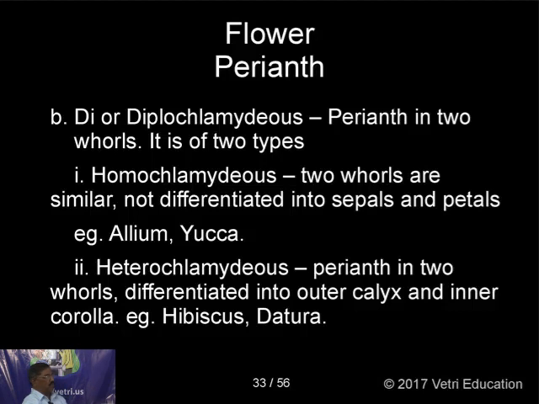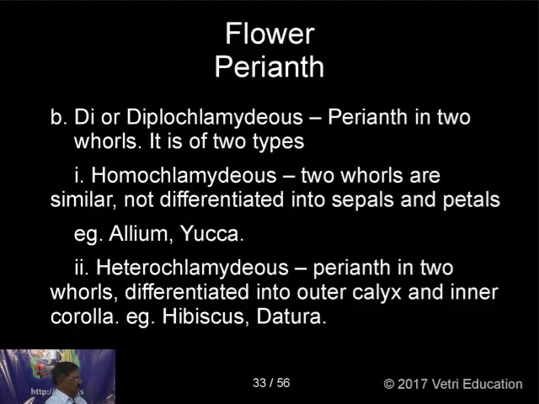Again it is of two types. One is homochlamydeous, when the two whorls are of the same size and color, and are similar, not differentiated into sepals and petals. Example, allium and yucca.